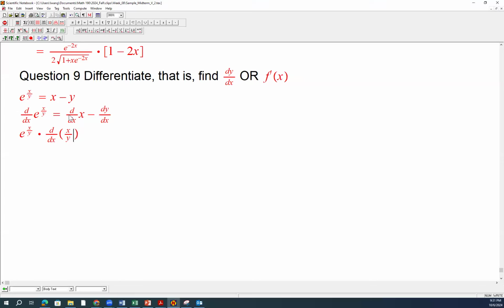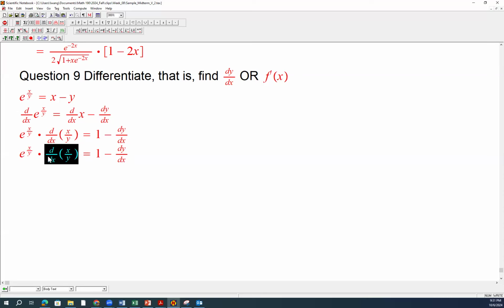So that's our situation. On the right-hand side, this makes 1 minus dy dx. We're going to put dy dx on the other side. What do we do with this derivative? Quotient rule.